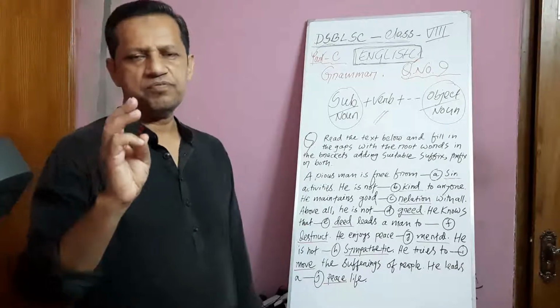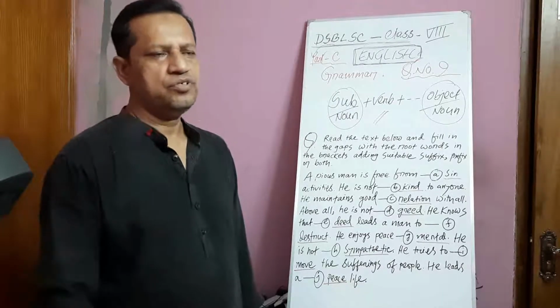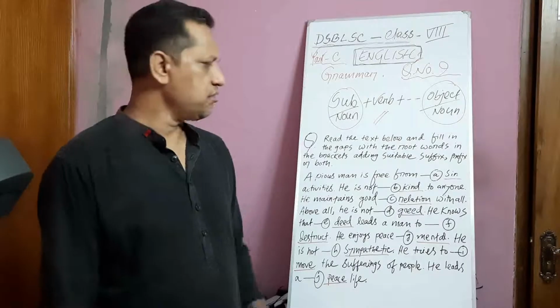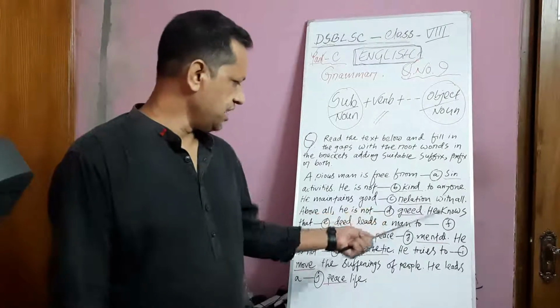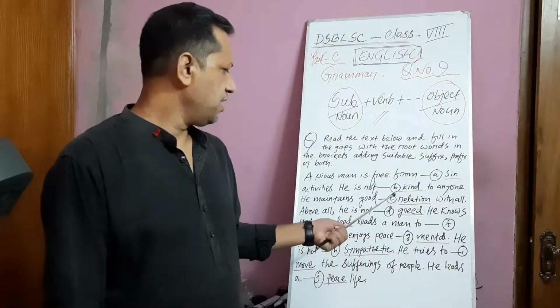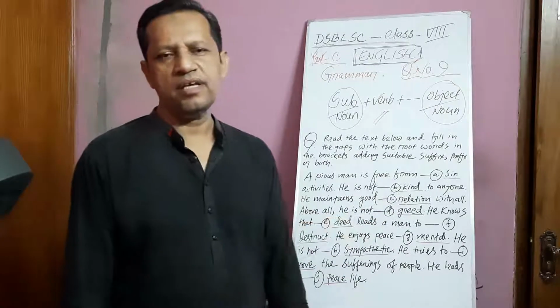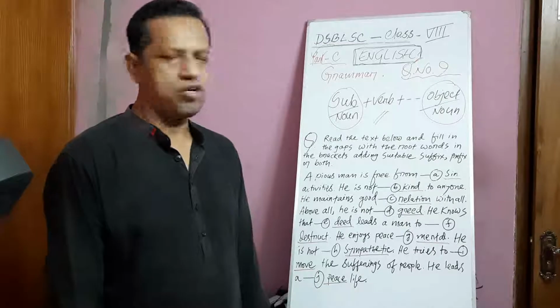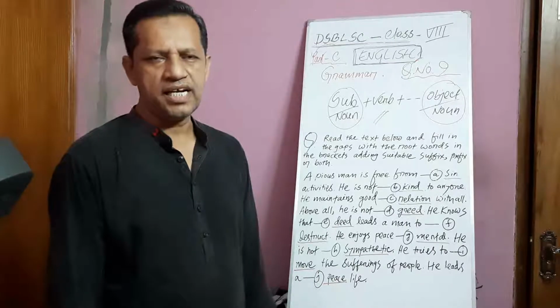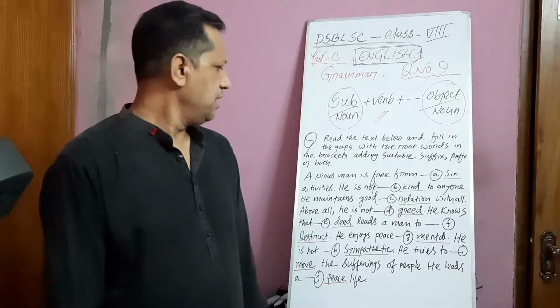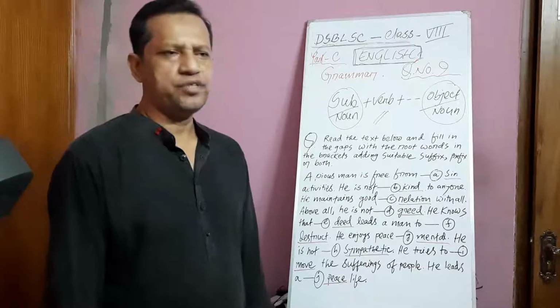And from these four options, you have to choose the correct one, sinful, and you have to do it this way. For B, here also there will be four options, then you have to choose the correct one. This is the system, my dear students.